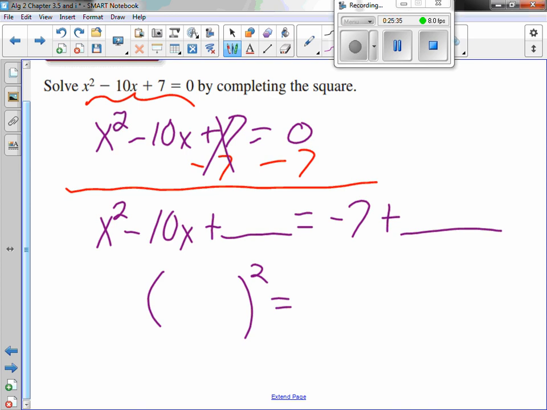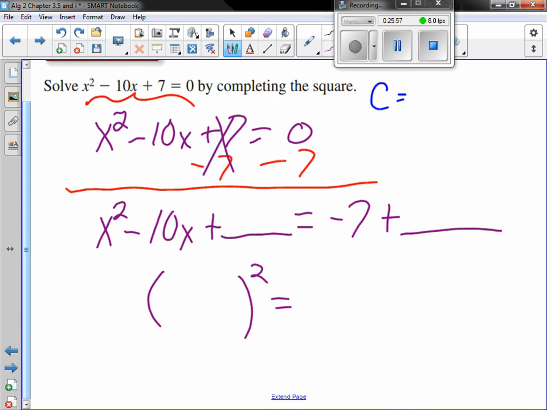That's the goal. But we do have a method for finding that value of c, don't we? And I would write it off to the side. I wouldn't write it underneath because we'll be doing work. So off to the side, we're going to find that value of c.